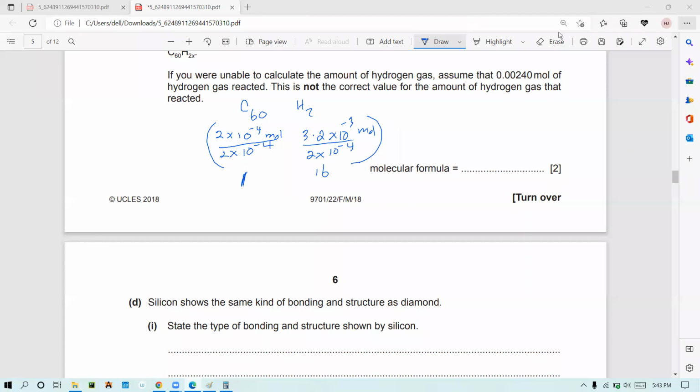When you divide C60 moles and H2 moles by the smallest number of moles, I get C60 is 1, H2 is 16. Now, when H2 is 16, H is 32. So the molecular formula of the compound is carbon 60 and hydrogen 32. This is the formula of the newly formed hydrocarbon.